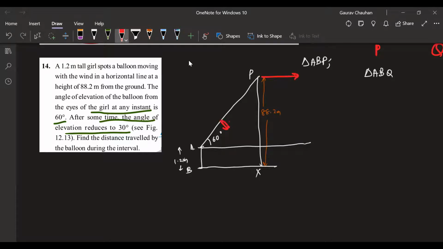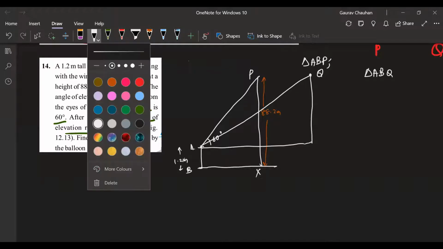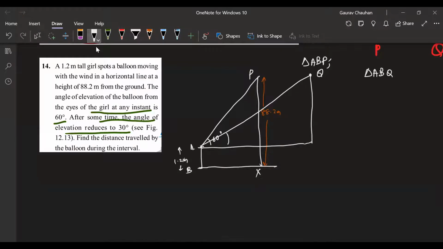I'll keep the same height, but I'll take a point Q here where the balloon has reached. Can I get a 1 in the chat box right now? So my balloon is at the same height at Q here, but the angle has reduced, which means this angle has become 30 degree now. The girl has not moved.